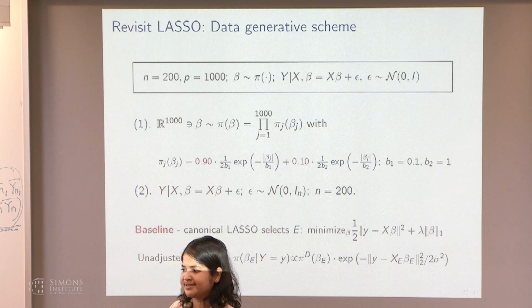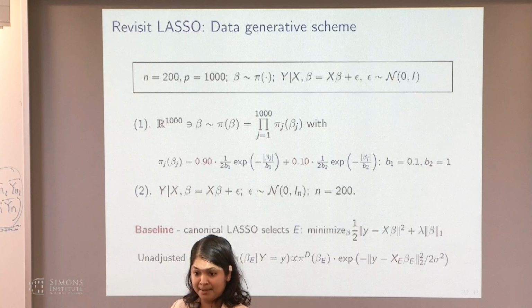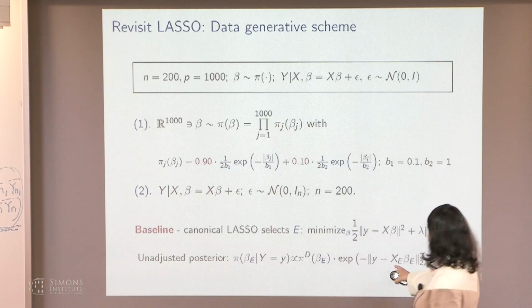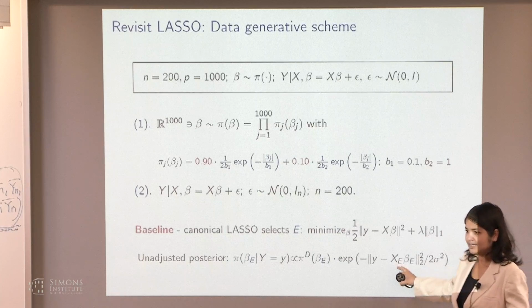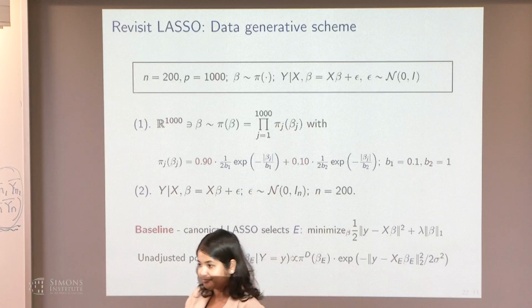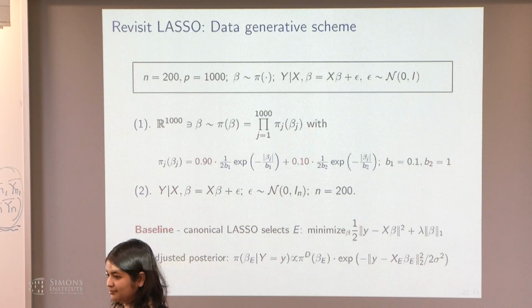Now I come to you as a statistician, describe my experiment, and you tell me, well, okay, given these interesting parameters, I have a prior distribution, and maybe the likelihood I parameterize by this Gaussian likelihood with mean XE beta E. Let me try and do Bayesian inference on it. So the unadjusted posterior is what would happen if you sort of incorrectly did Bayesian inference, basically, by failing to take into account selection. I guess it's yes.